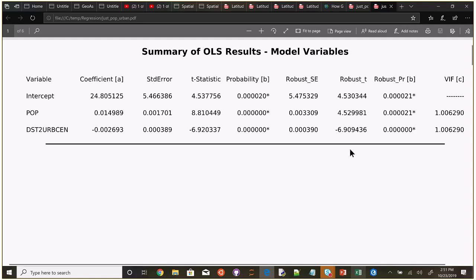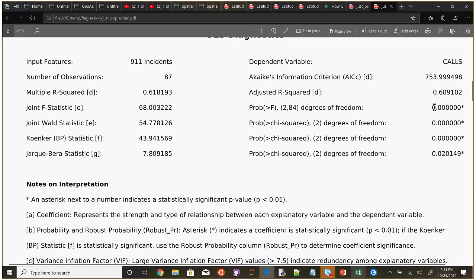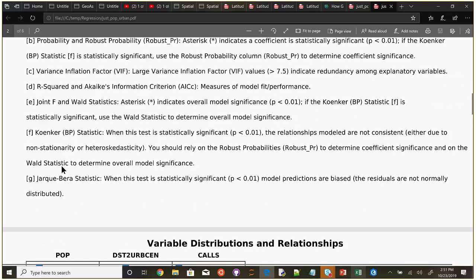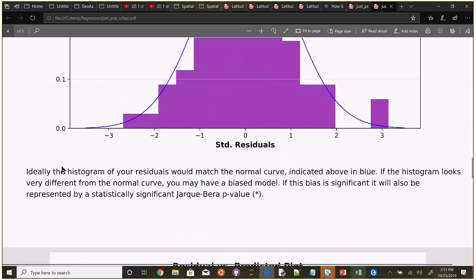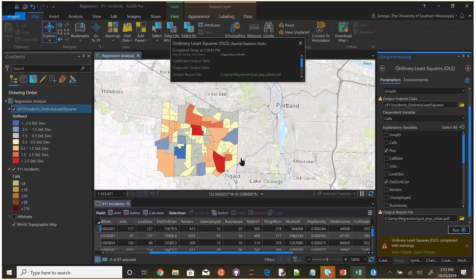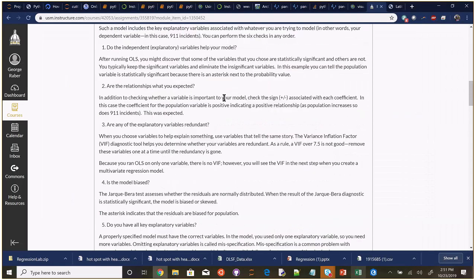So what's the overall R squared now? Oh, it's 0.60. That's getting reasonable. We still have a significant value for both the K statistic and the JB statistic. If we look at the thing, we still have some pattern going on here that we need to get rid of. But anyway, yeah, just go through and answer those questions.